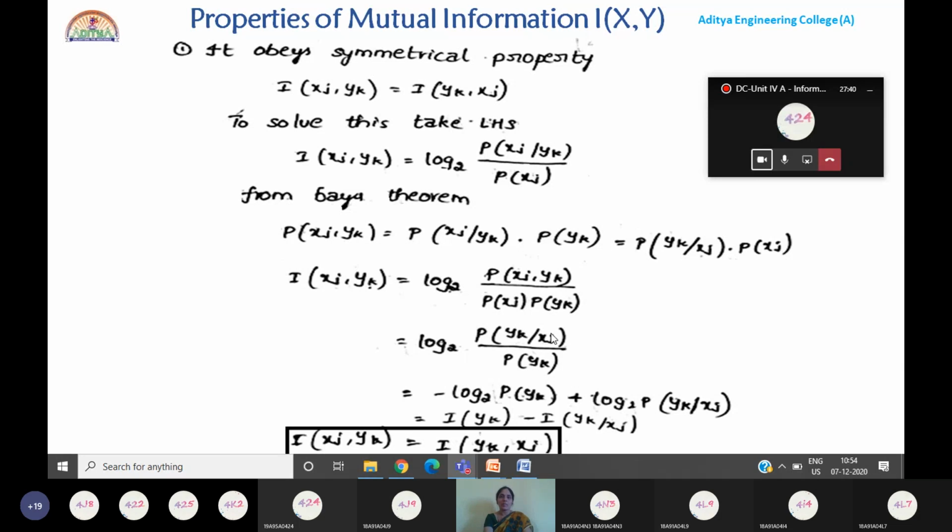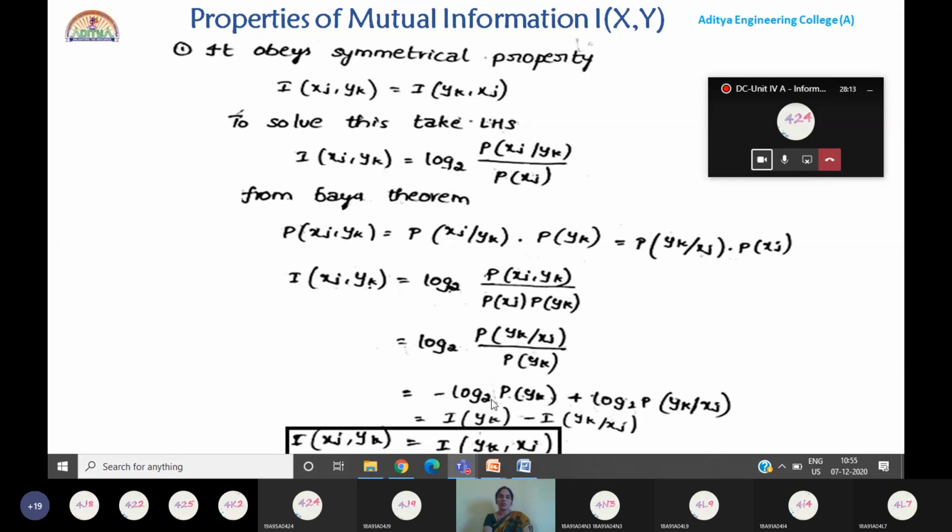When we replace, P of xj gets cancelled, and finally you get log P of yk by xj whole divided by P of yk. You can replace it as minus log P of yk base 2 plus log P of yk by xj base 2, because log of a by b is minus log b plus log a.